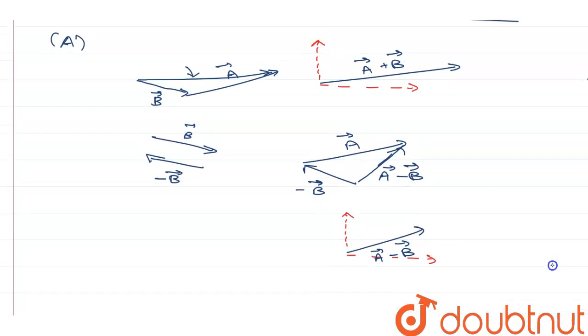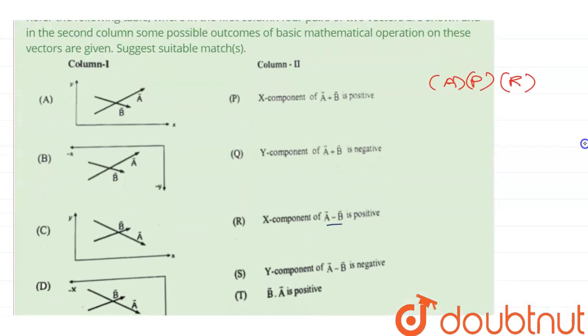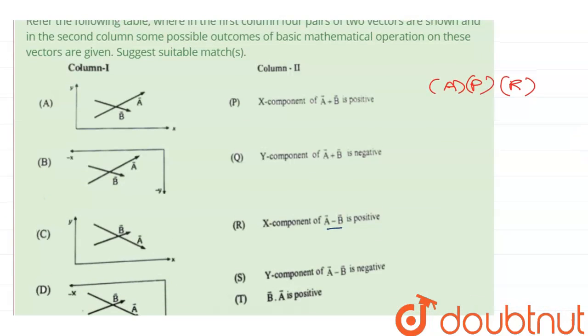For B dot A to be positive, the angle between B and A must lie in the first and fourth quadrant, and as you can see the angle between A and B here definitely lies in the first and fourth quadrant. So B dot A will also be positive. So option number D also matches for A.